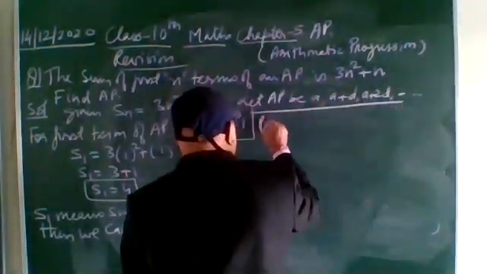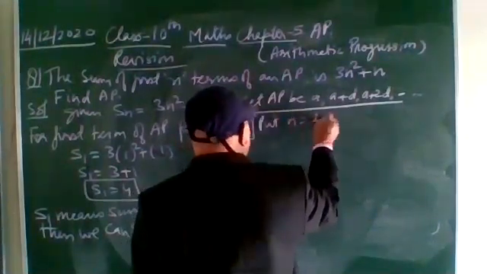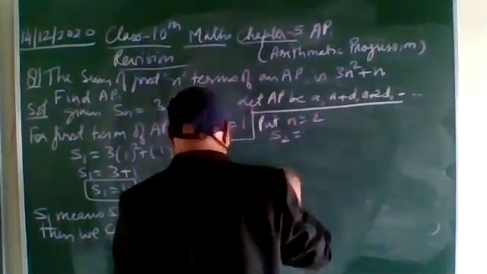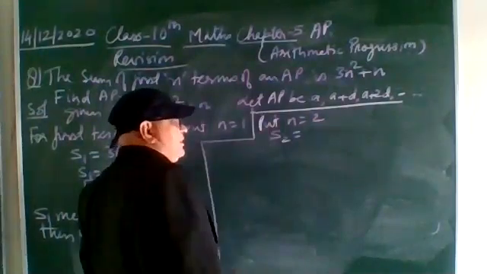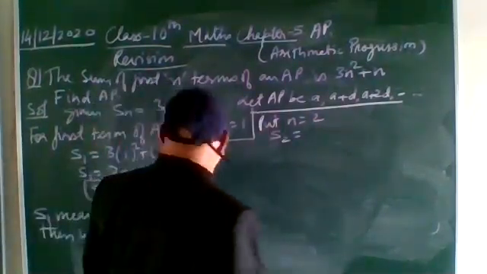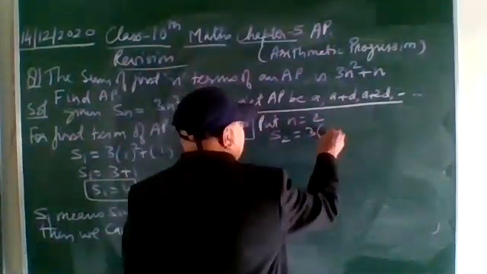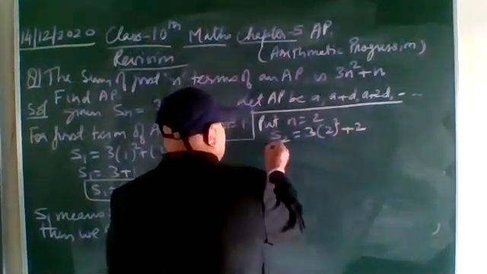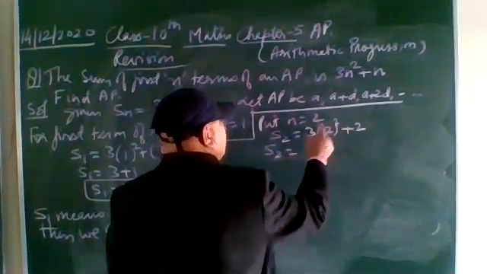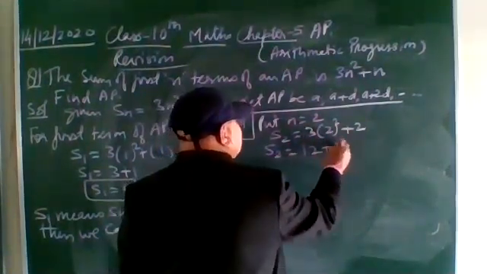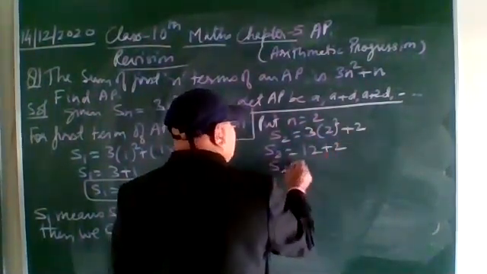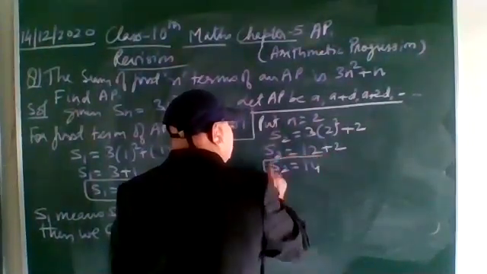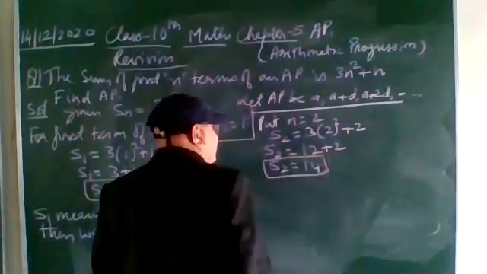Now put n equal to 2. S2 is what? The sum of two terms. Now S2 is 3 into 2 square plus 2, that is 3 into 4 is 12, plus 2. S2 is 14.